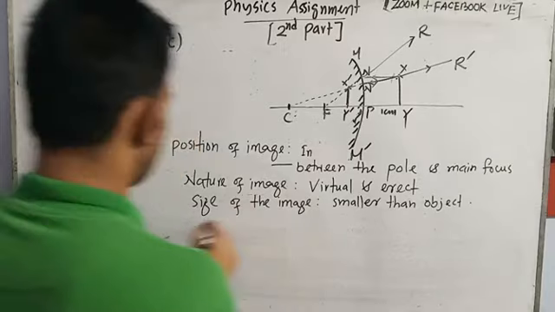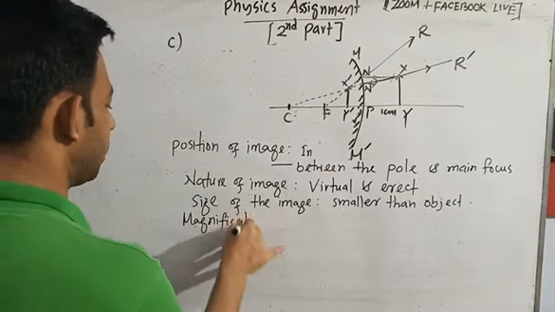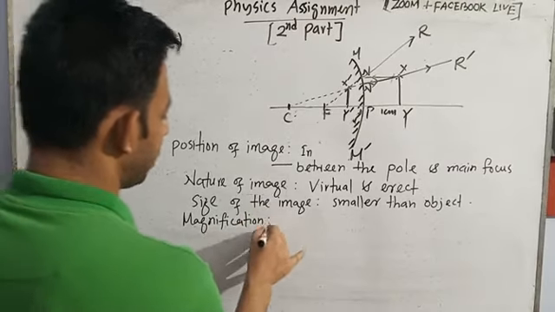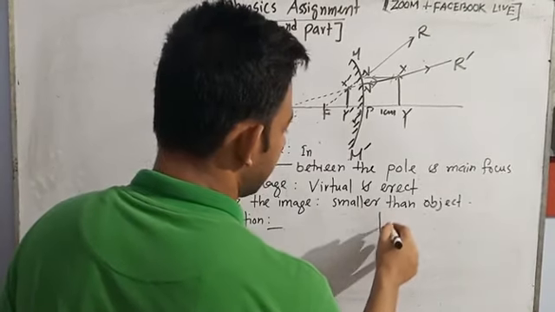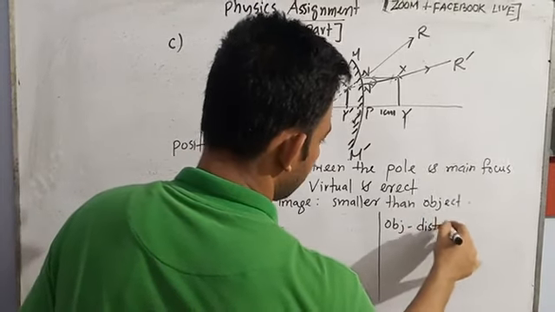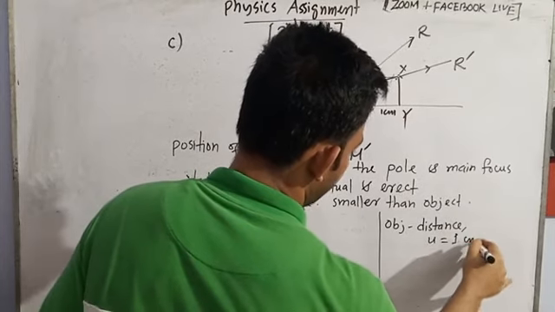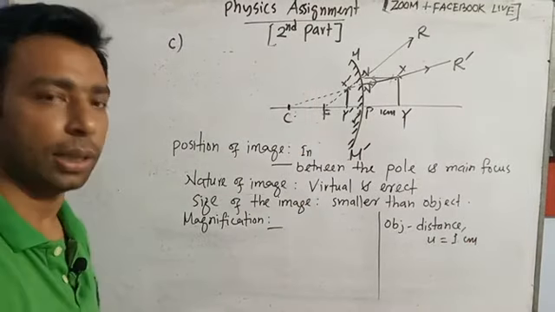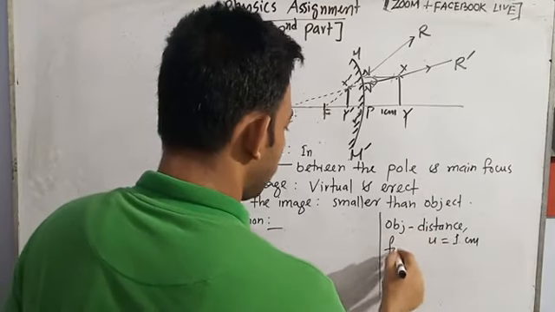Now we will find out the magnification in this case. Whatever object distance you have taken, that would be fine. I take 1 centimeter, you can take 1, 2, 3, 4, 5. 1 centimeter object distance.